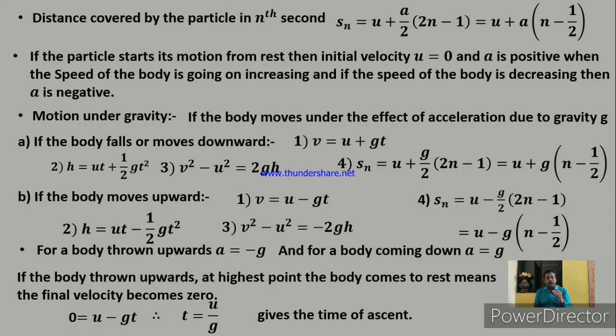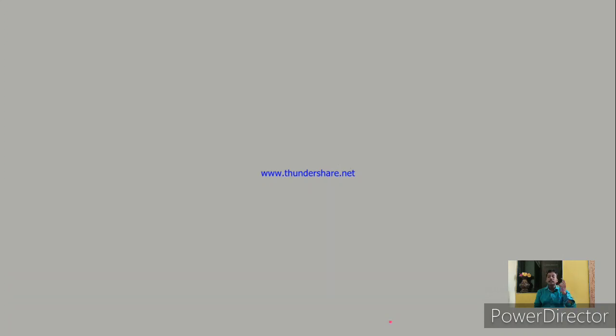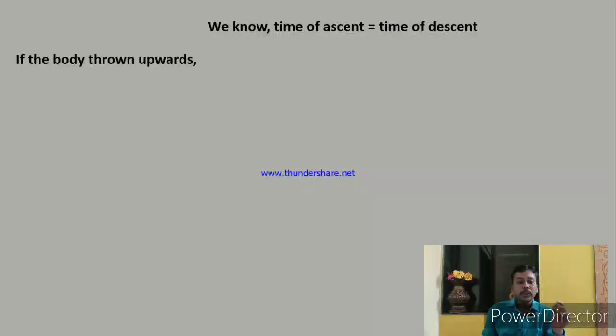The time required for the body to reach the highest point is called the time of ascent, and when the body comes down, the time required for the body to come to its original position is called the time of descent. So the time of ascent is equal to the time of descent.